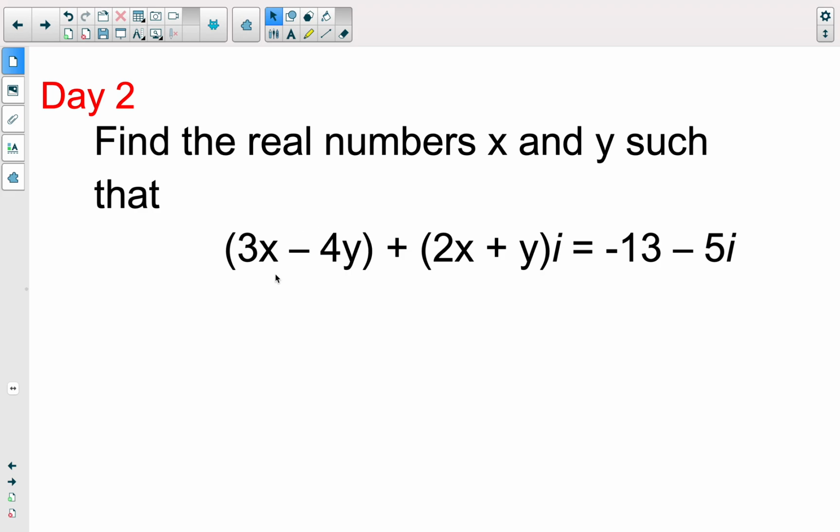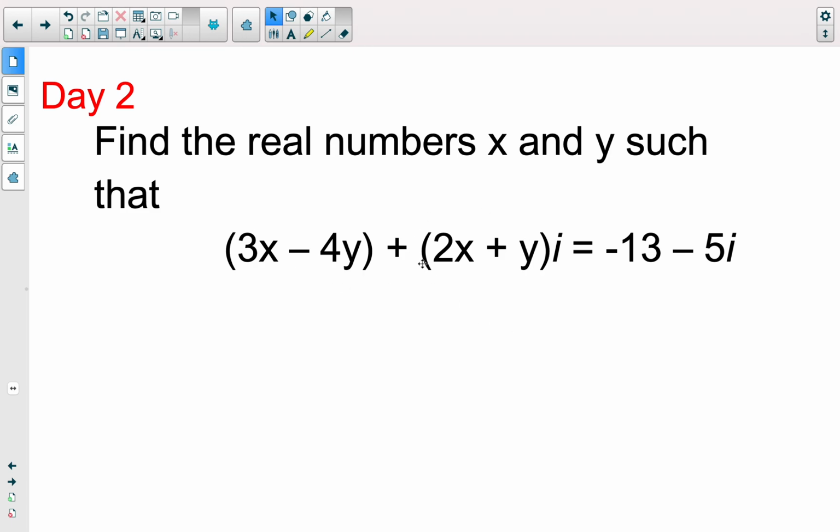But here we have 3x minus 4i. And then plus, and then another grouped term or set of terms here, 2x plus y times i. Both of these are equivalent to negative 13 minus 5i. So if you think about this from a complex number perspective, this term that's grouped first here would be considered the real part of the complex number.